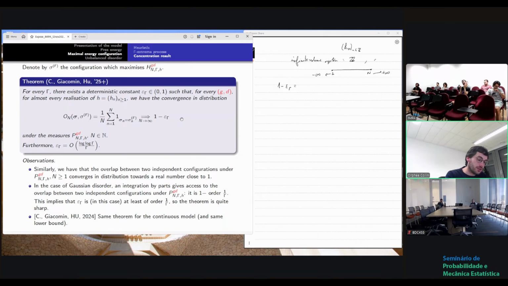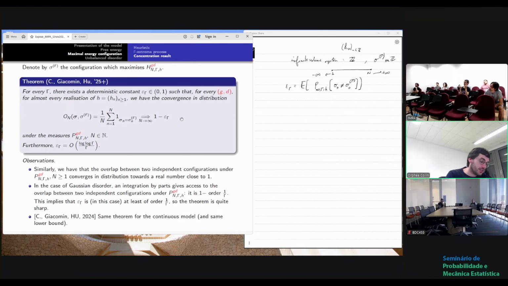You can also define the Fisher configuration, the ground state configuration on Z associated to H. Then the expression for 1 minus epsilon gamma is the probability under this infinite volume measure of having the configuration at 0 equal to the configuration at the other site, where the configuration differs from the Fisher configuration.